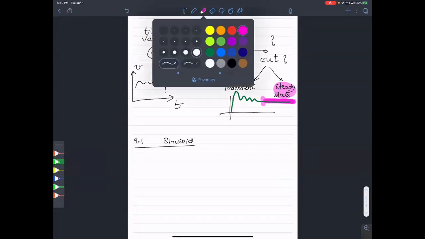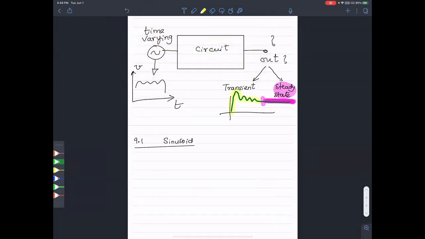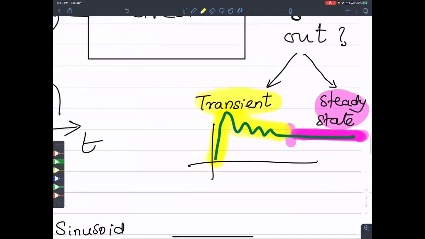These are representative, these are not exact waves. So there is a time decaying aspect, that's the transient aspect. After some time, the time varying aspect is going to decay. Then there is going to be a steady state response. It could even be a sine wave.